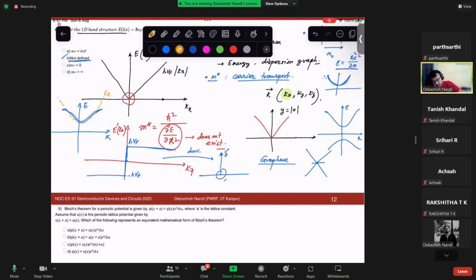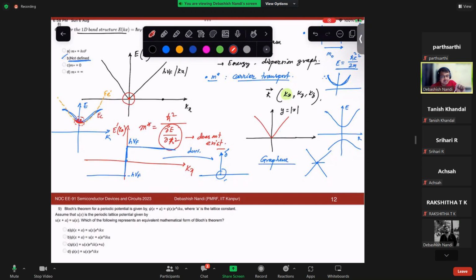So why do we do this parabolic approximation for effective mass? Because at this part we can approximate the crystal E-k diagram like a parabola, but only for a very small part at the bottom of the conduction band. When my electrons reside here, I can approximate it with a parabolic approximation.